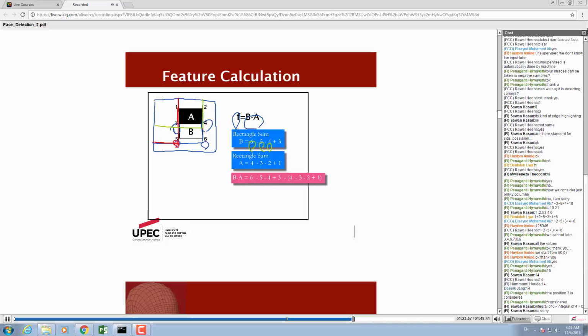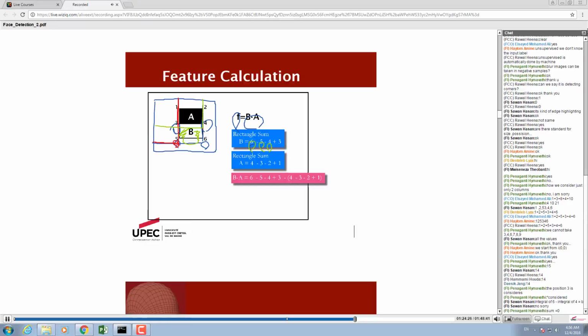So this means 6 minus 5 minus 4, and then I guess I can get the B region sum. 6 represents the sum of all the blue region, 5 means the sum of all the red region, and 4 means the sum of all the green region.